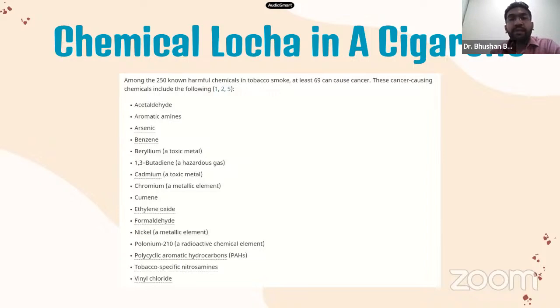The smoke which is still in your lungs is going to be exhaled for at least 15 more minutes. So although you are not smoking right now, that smoke is still there in your lungs, in your alveoli. That is going to come out, and that is going to affect your family members. And it is very common nowadays.